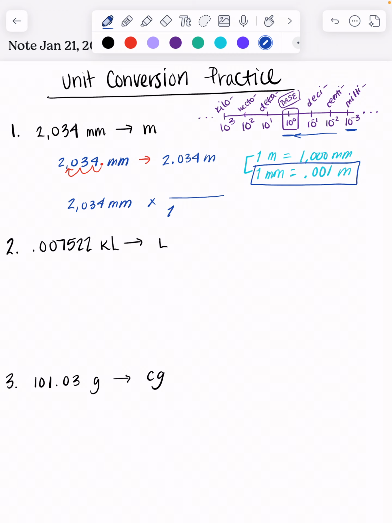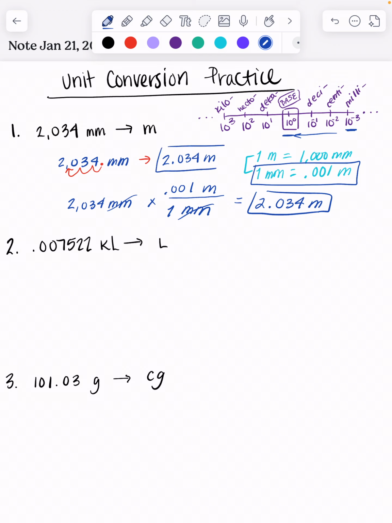So I'm going to put 1 millimeter down here. Amazing. These immediately cancel. I'm chilling. Now I just have to put the correct conversion on top for meters. And that's going to be 0.001 meters. Amazing. So if I multiply this out, I am getting 2.034 meters.